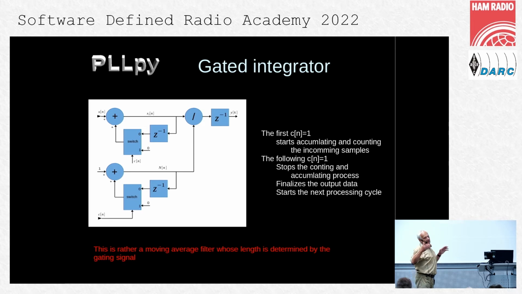The filter computes the output sample, resets several variables, and starts a new averaging cycle. It should be used if you have to synchronize to a PAM encoded bit stream.